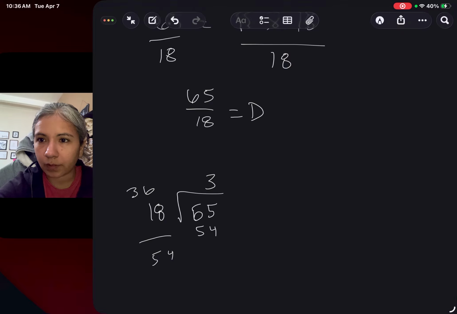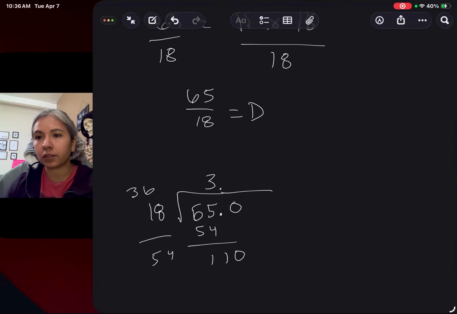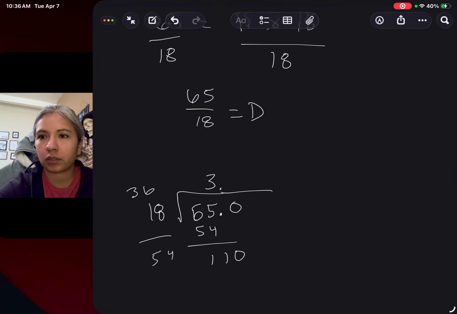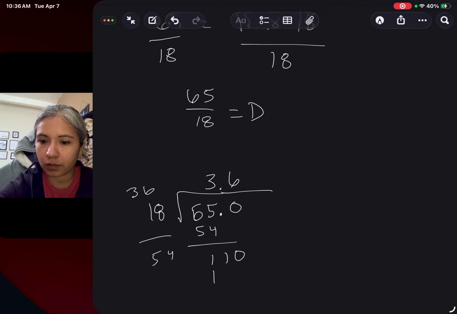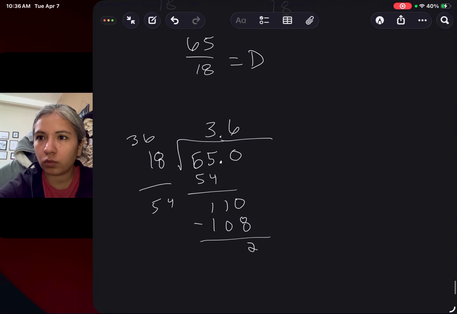So minus 54, we get 11. 18 can't go into 11, but it can go into 110, 6 times. 18 times 6 is 108, so that gives us 2. 20 goes in 1 time, which is just going to keep repeating.